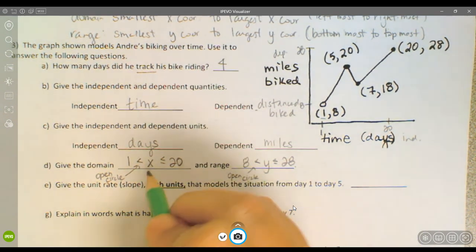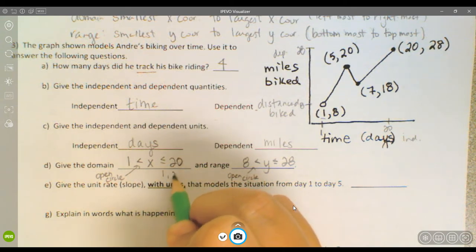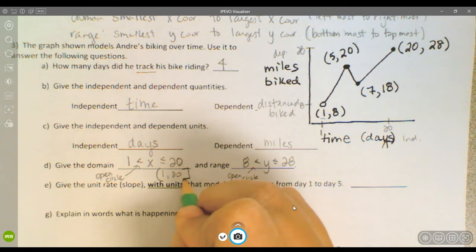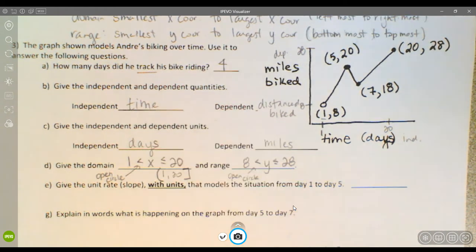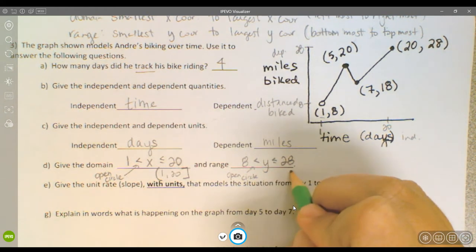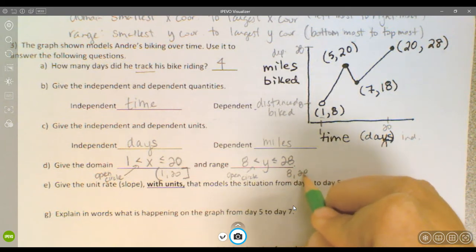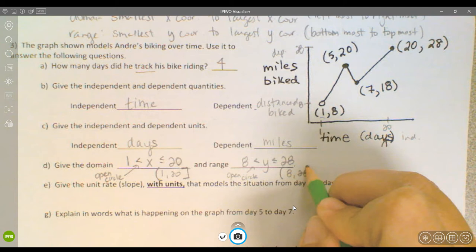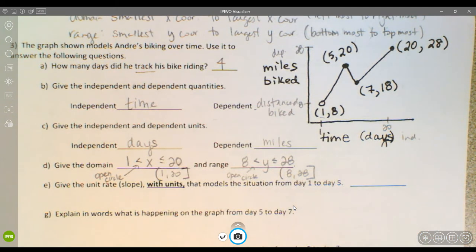And if I were to show you interval notation, we're going from 1 to 20, exclude the 1, include the 20. So parenthesis, bracket. Same thing here. We're going from 8 to 28. Exclude the 8 by curving it. Include the 28 with a bracket.